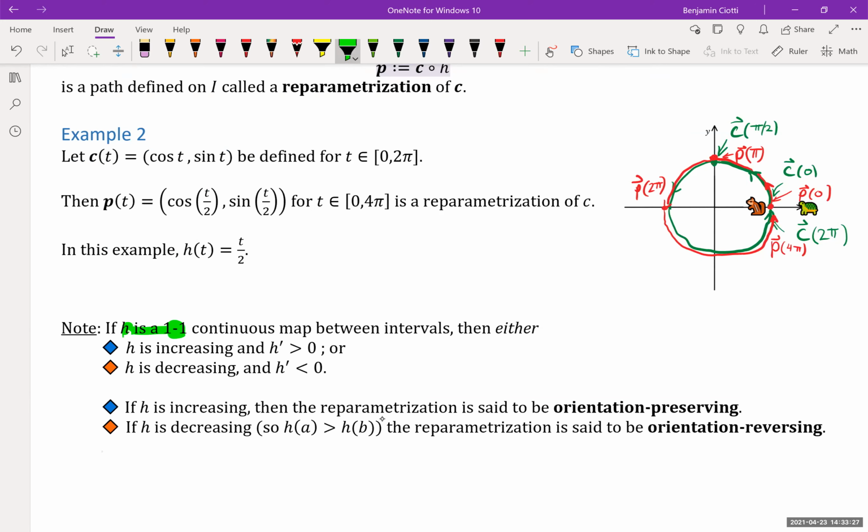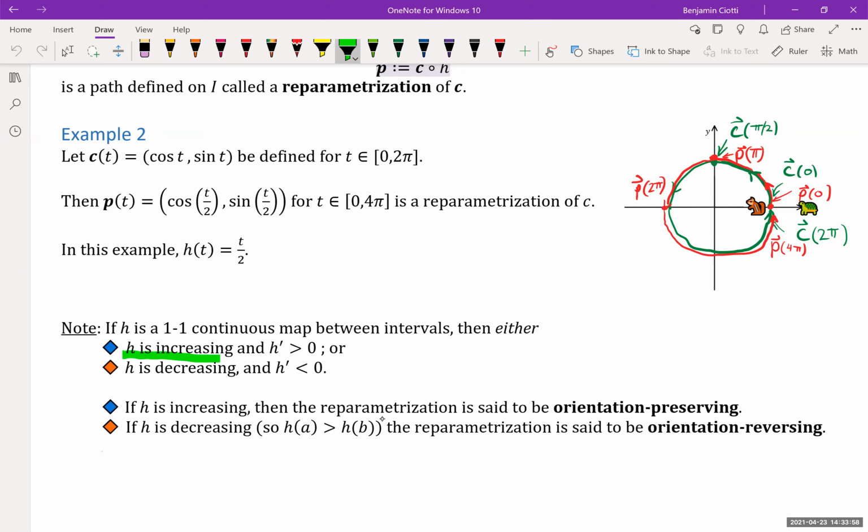If h is a one-to-one continuous map between intervals, then it's either increasing or decreasing. You can't increase and then decrease while still being one-to-one. So it's either all increasing or all decreasing. And these two possibilities separate the two possible types of reparametrizations.